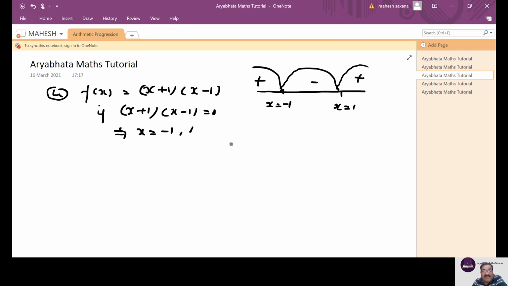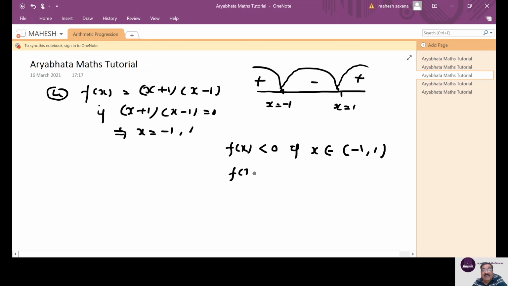Then for f(x) less than 0, it means x should be this one, that is from minus 1 to 1, x belongs to (minus 1, 1).